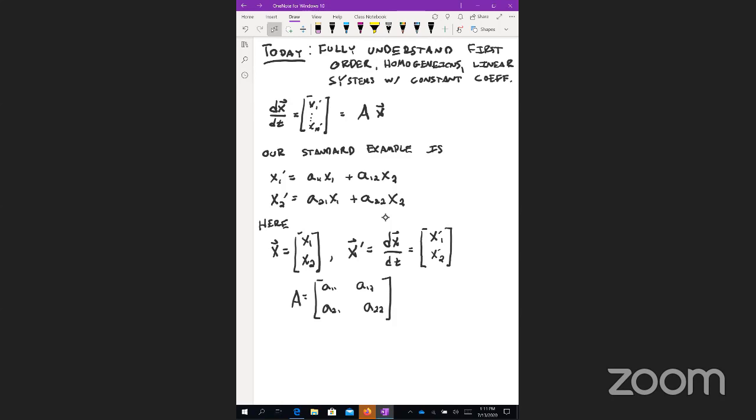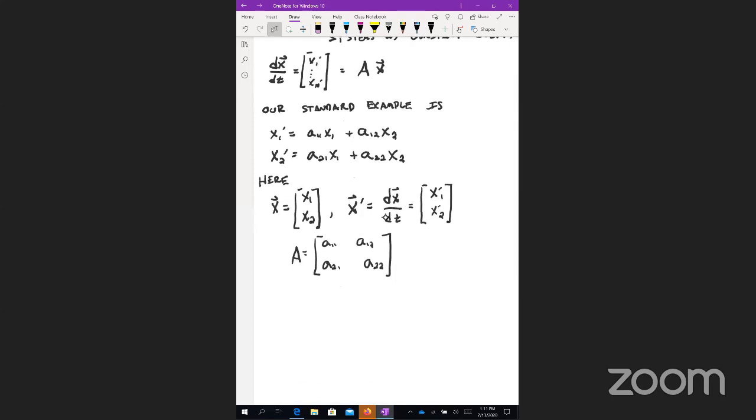So if we can really understand the 2x2 example and everything that's going on with it, that basically tells us everything about all of the higher order examples. There are a couple of boundary cases that I won't talk about. I'll mention where they are, but if you have some sort of weird doubling of eigenvalues, or if you don't have certain eigenvectors. But in general, understanding this 2x2 example is going to tell us everything about the n by n example.